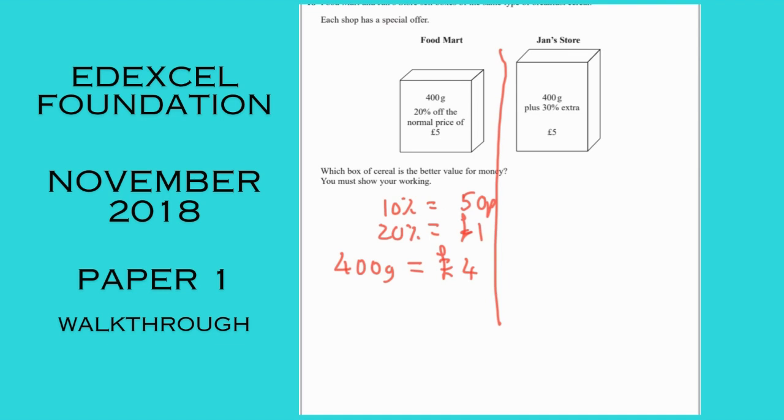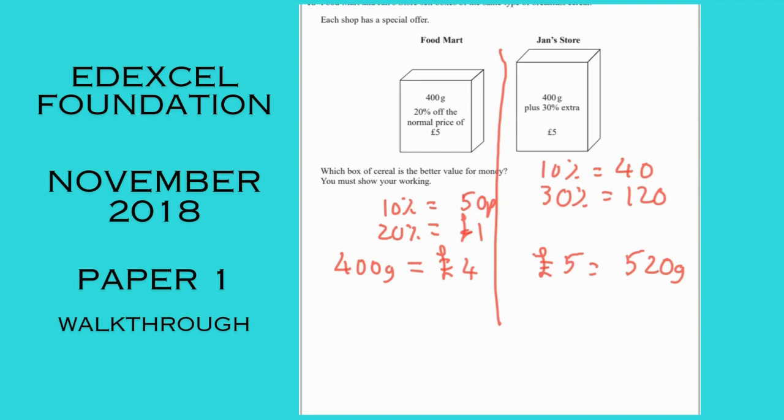So Jan's store, the price is not being affected. It's the amount you get. So 10%, divide by 10, 30%, get it trebled, 120. So that £5 is buying you 520 grams. So not really a straightforward comparison here.